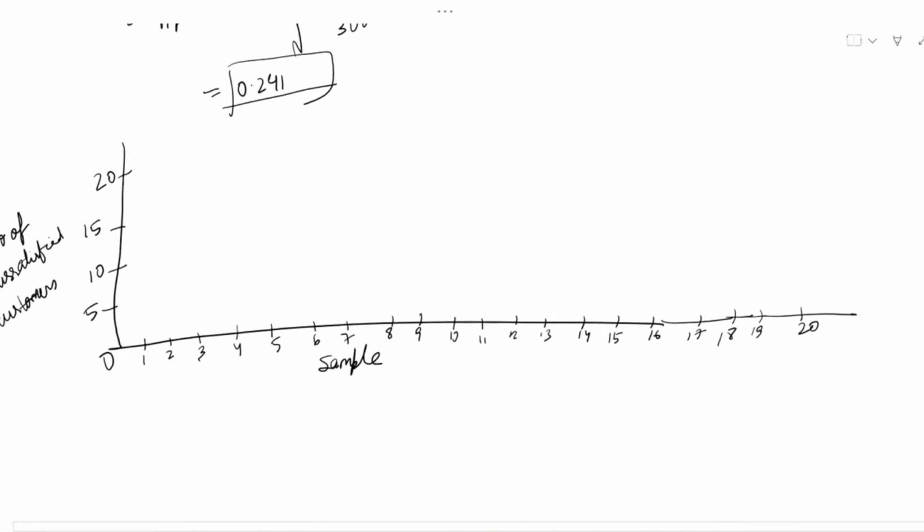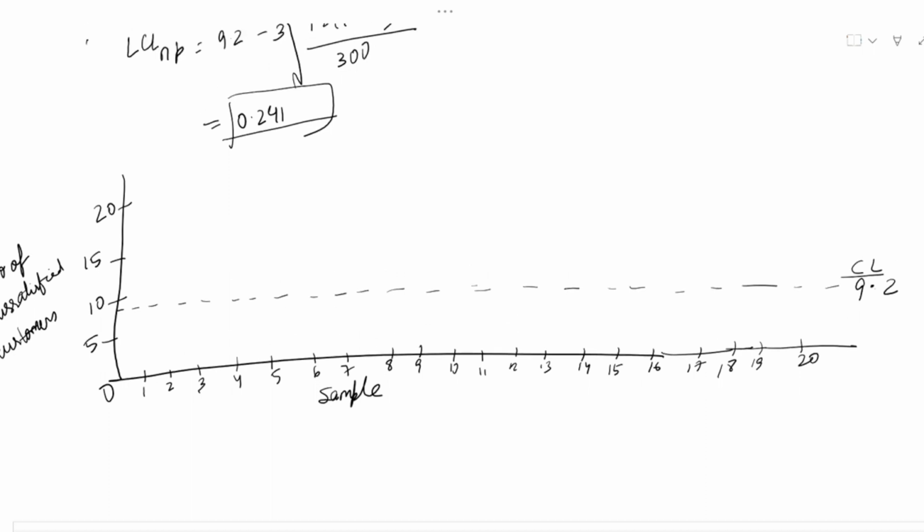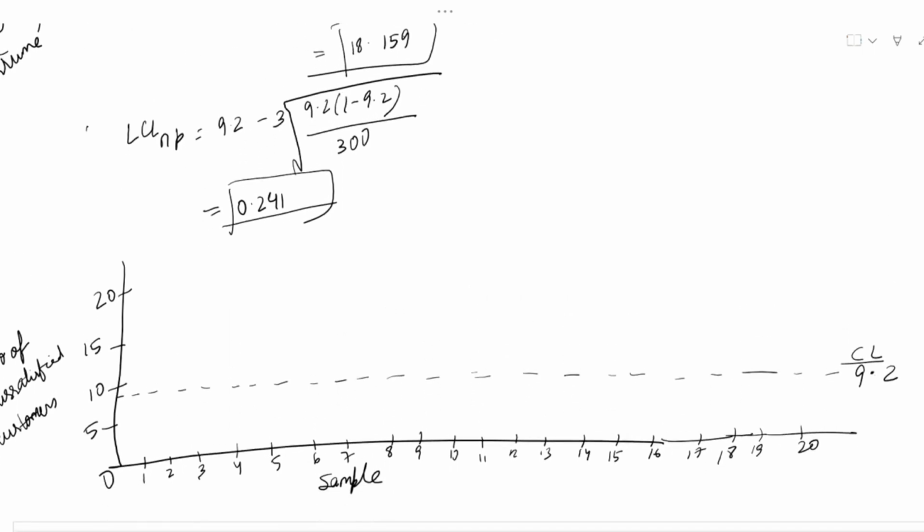So first we will draw the center line, which is 9.2. Now the upper control limit, as we found out, is 18.159.